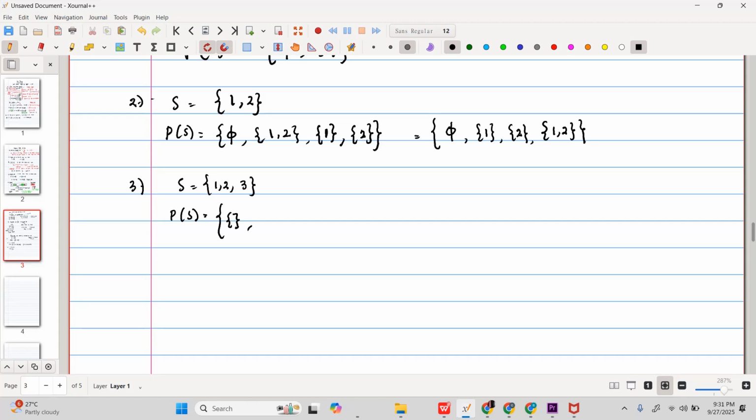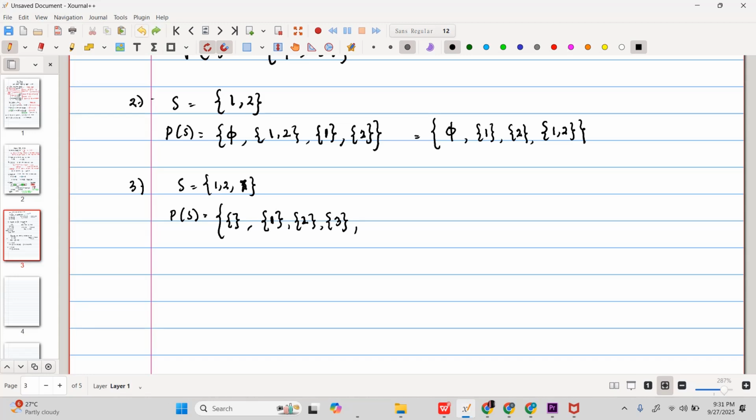Then we will consider each singleton set: set 1, set 2, set 3. Note that every set should be separated by a comma. Now we are considering the subsets with two elements. So for that I'm just taking the first two elements.